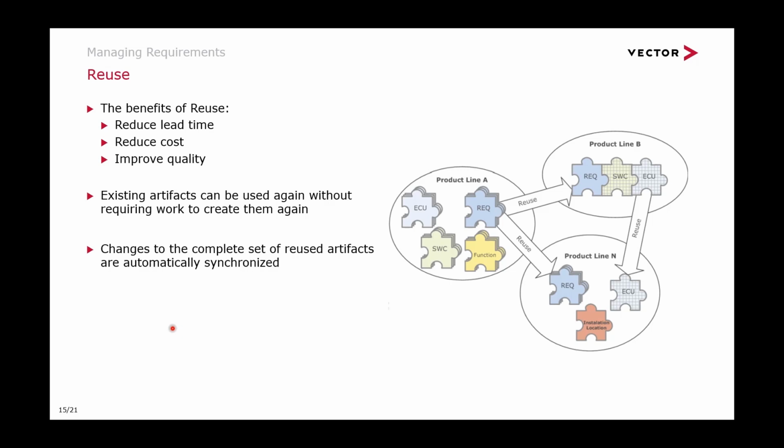When you have existing artifacts being reused without requiring the work to recreate them, it allows you to go quicker, and it also ensures consistency. You also ensure that any change that is made to the reused requirement or whatever the artifact is synchronized throughout all of the reuses without any need to go into each one of those reuses and update them.